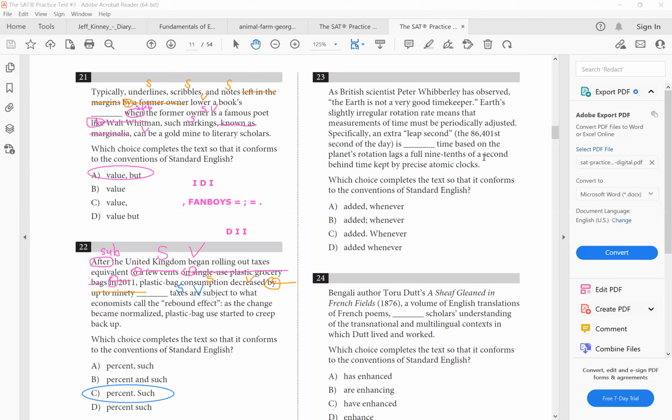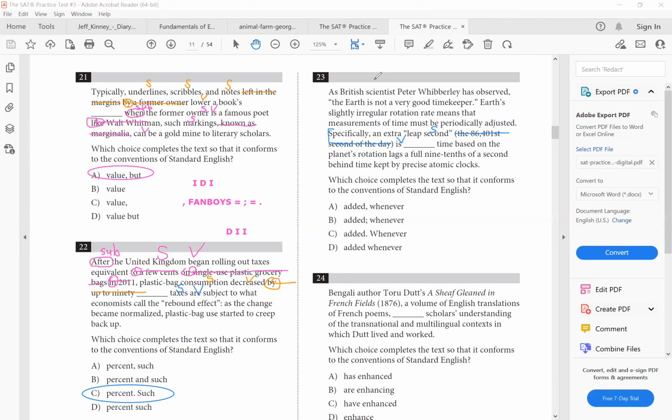Okay. And number 23, same thing. This is just punctuation. And this is so long, so I'm going to start from the beginning of the actual sentence, specifically. Whatever comes before is irrelevant. Specifically, an extra leap second, cross out the parentheses because that's non-essential information. So leap second is added. That is our verb.